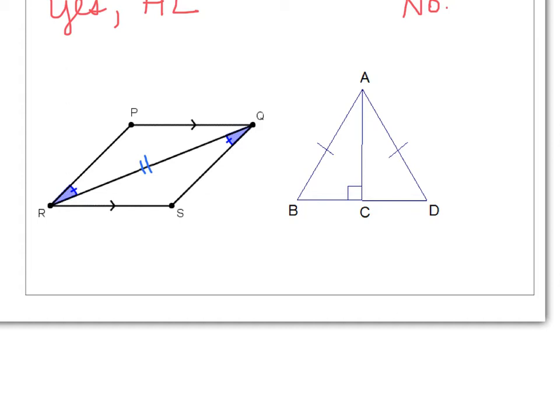In this case, PQR is actually congruent to SRQ because they are alternate interior angles, and since we know that the lines are parallel to each other, they must be congruent. So now we can see that we have angle side angle.